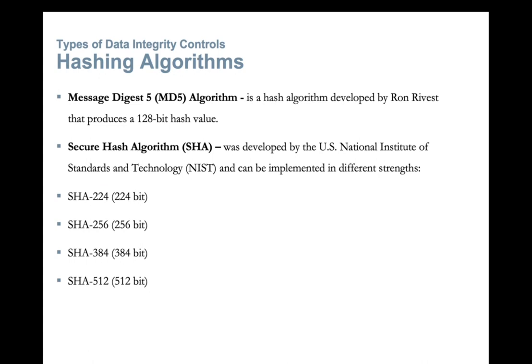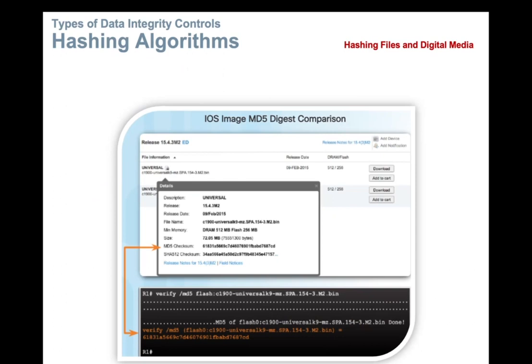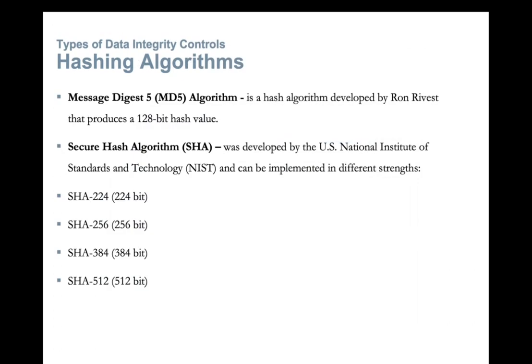So SHA-2 is the stronger algorithm, and it is replacing MD5. SHA-256, SHA-384, and SHA-512 are the next generation algorithms. These SHA-2 standards are replacing MD5.